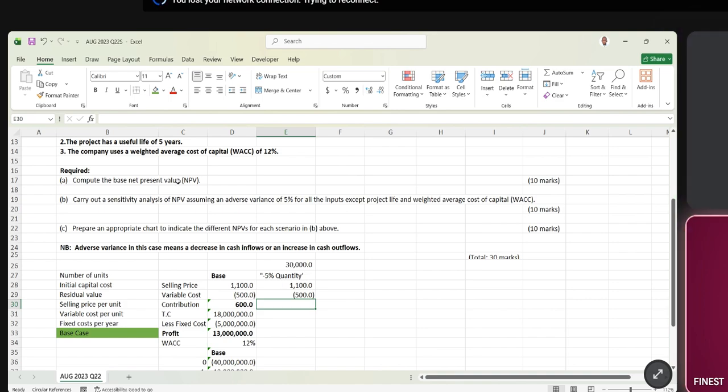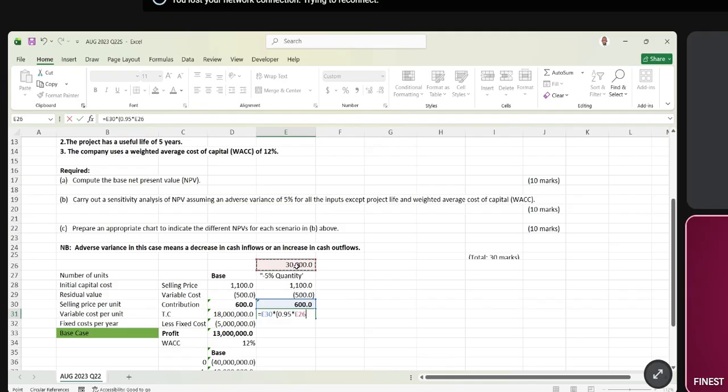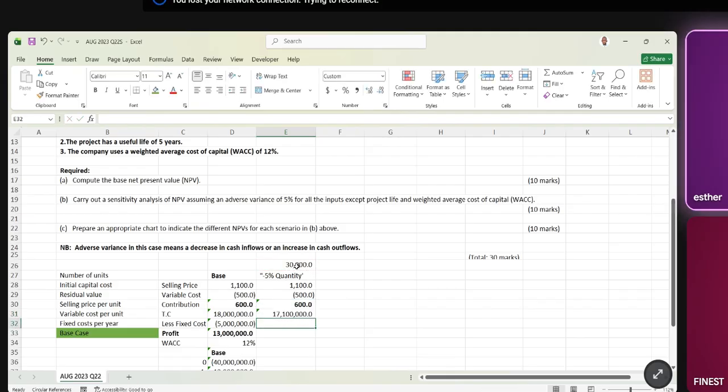Now, the total contribution will be equivalent to how much? 600 multiplied by brackets. We're reducing by 5%, so what percentage will it be? 95, so 0.95, multiplied by 30,000. That gives the sales.